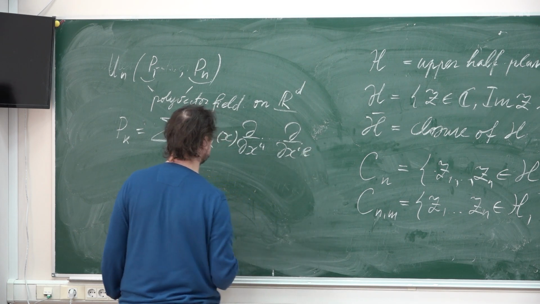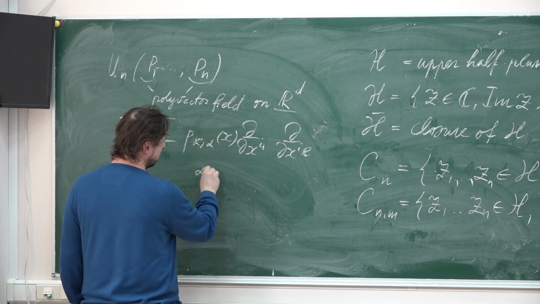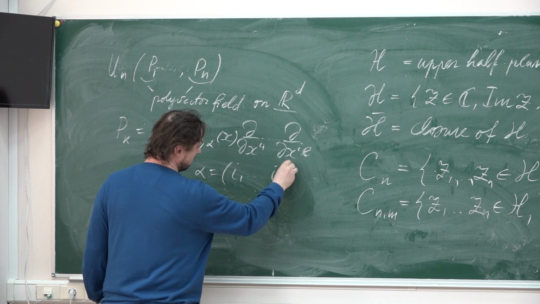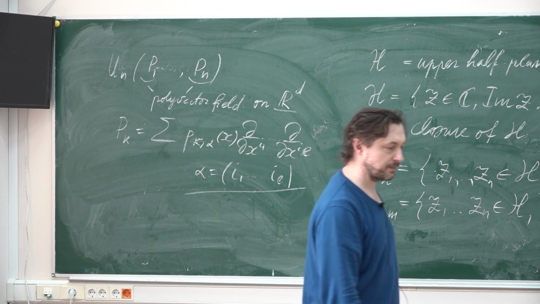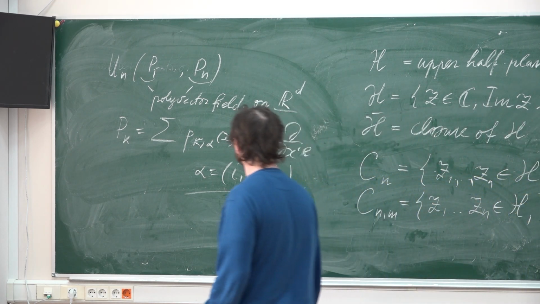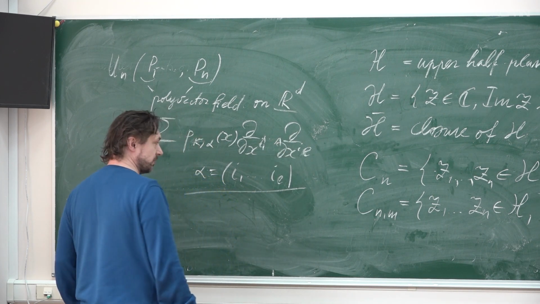Alpha is the set of these i1 through iL, a set of indices. And of course, here we can put wedges between these partial derivatives.